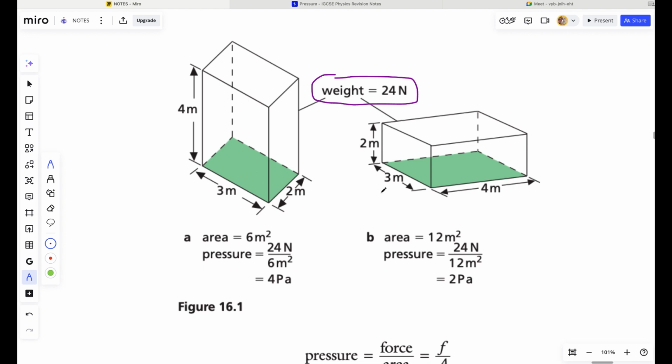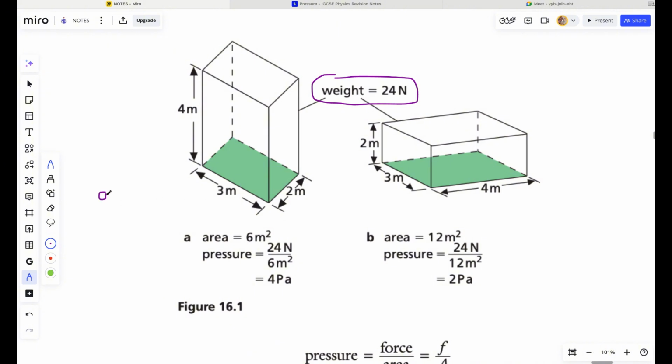So the one with the bigger surface area will get a smaller pressure. Both of their weights are the same because it's the same object, but we are not standing them on the same face. One is standing upright, the other is standing flat on the ground. So to calculate the pressure, we have to calculate the area first of the face that is touching the ground. So the area is 6 meters squared.